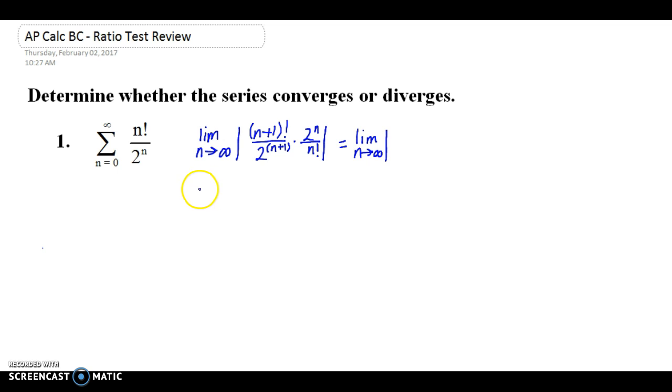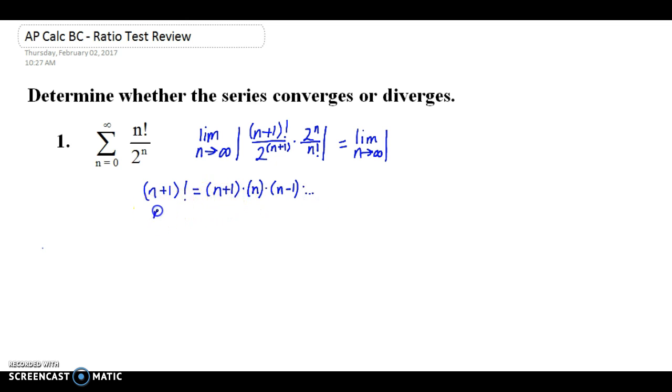So as a refresher, n plus 1 factorial is equal to n plus 1 times the next integer down, which would be n, times the next integer down, which would be n minus 1. And you would continue until you get down to 1.